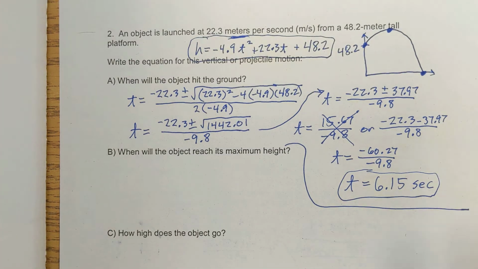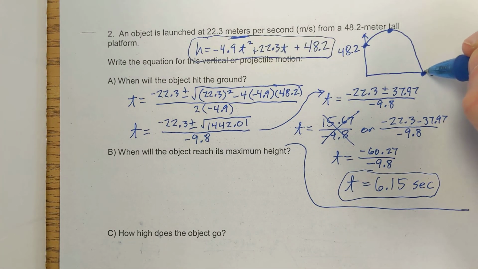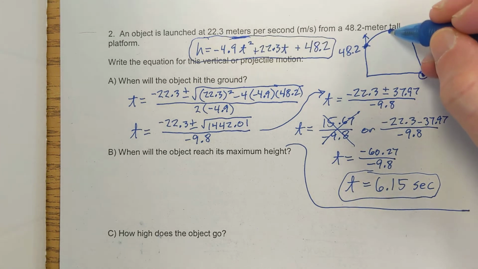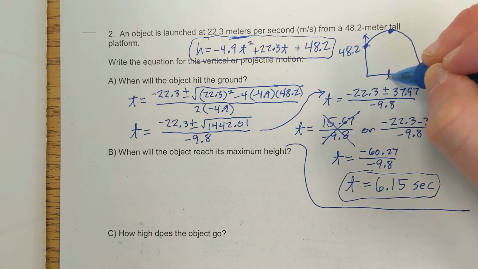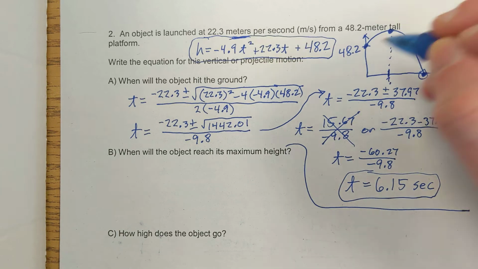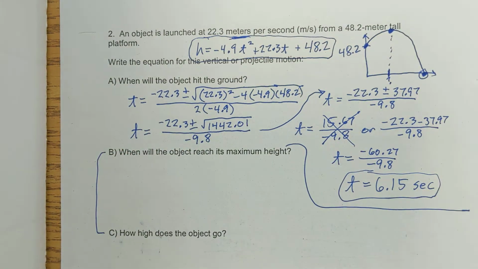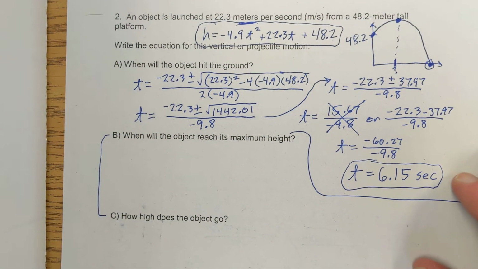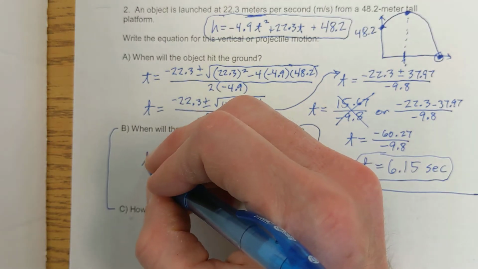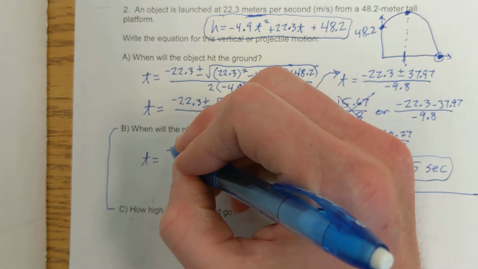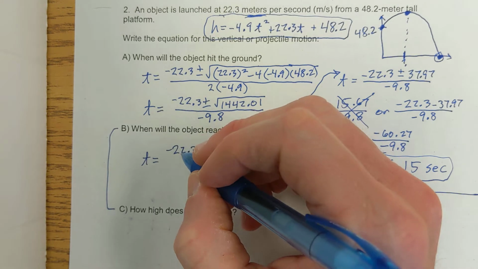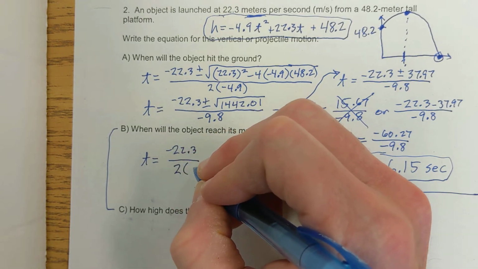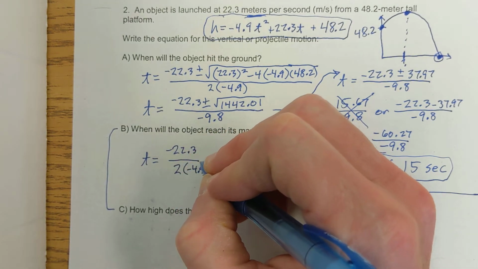All right. So when will it reach its maximum height? We answered the question of when it hits the ground. Now we have to find how long until it gets to the maximum, and then how high it is. That's the link between part B and part C. So t is equal to the opposite of b, negative 22.3, over 2 times a, the negative 4.9.